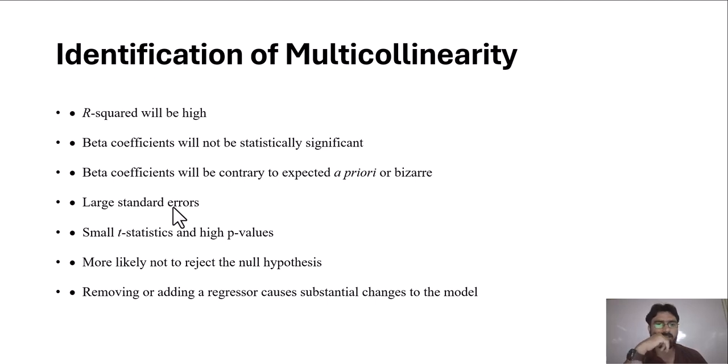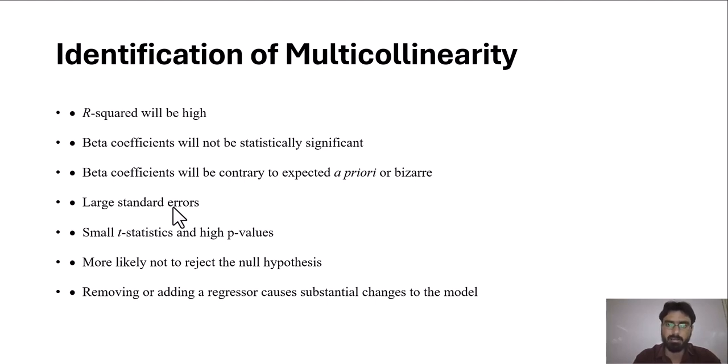And the last identification of multicollinearity is that removing or adding a regressor, which means an independent variable, causes substantial changes to the model. It means that when we include another variable into our model, or exclude one variable from our model, it changes the whole result drastically.